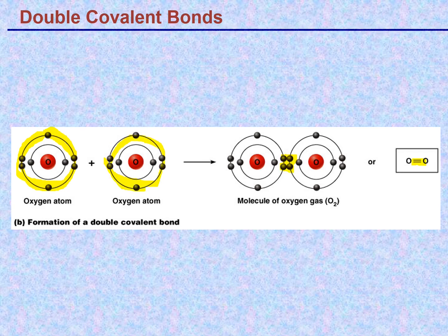Now, when they interact with each other, if they share 4, these 4 electrons are spending some of the time with this oxygen nucleus here, and some of the time with this oxygen nucleus here.